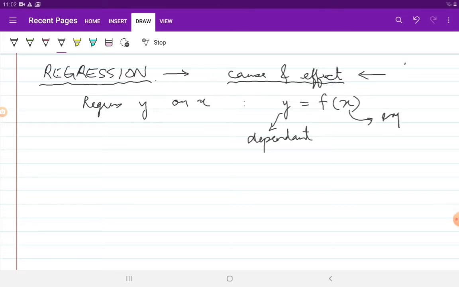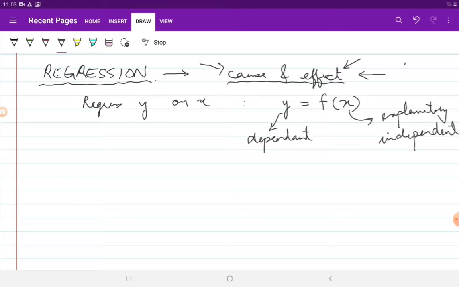Remember, these x variables are called explanatory variables or independent variables. The names are used interchangeably. So, when you regress y on x, that is when you are entering the field of regression analysis, you are saying that changes in y are caused by changes in x. So, you are talking about a cause and effect relationship between the two variables.